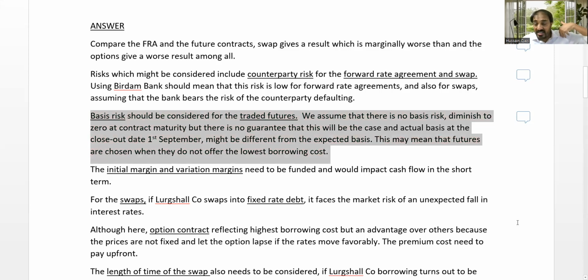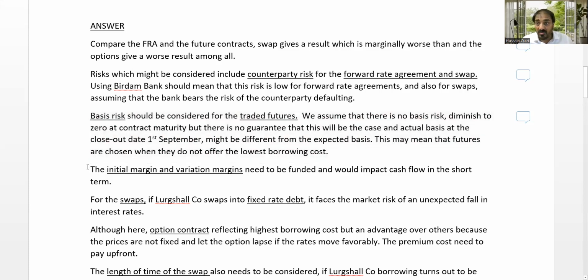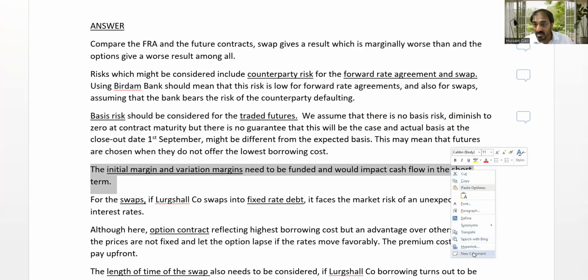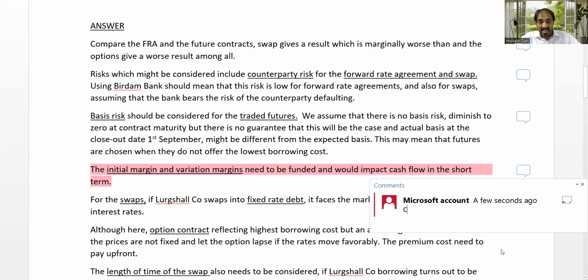Your illustration that this may not necessarily happen exactly. Further, about the futures, initial margin requirement and variation margin need to be funded. Impact on the cash flow. This is a pure commercial acumen point.